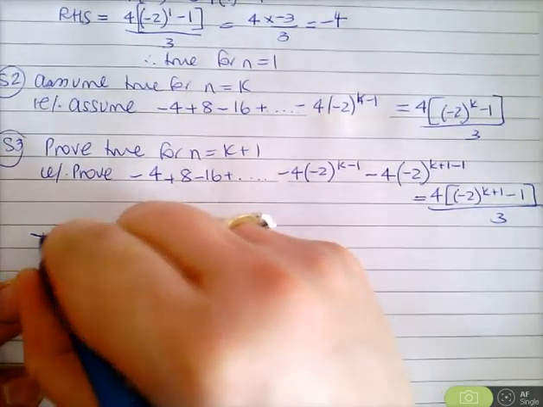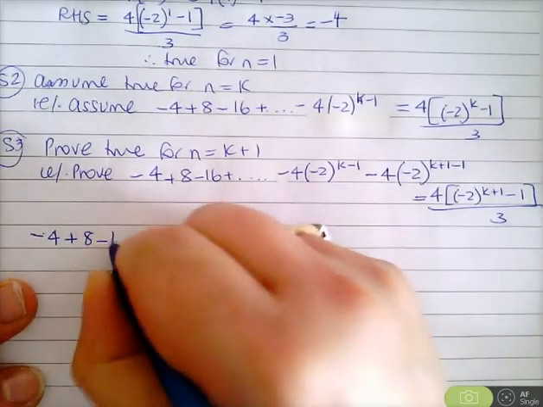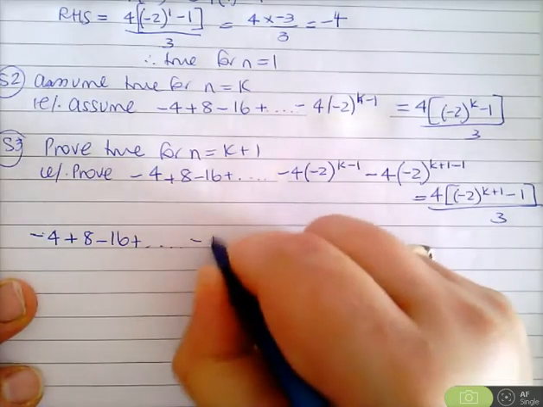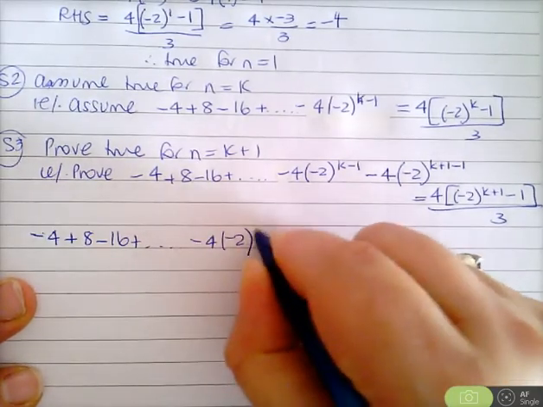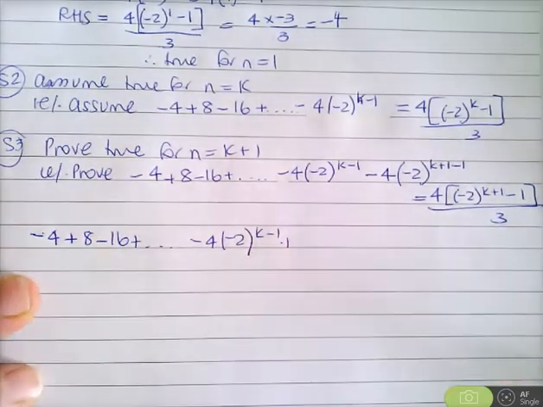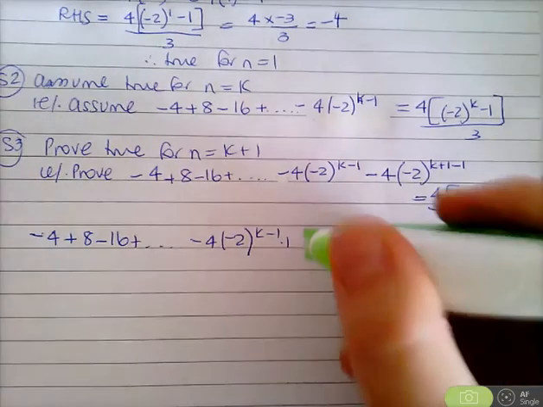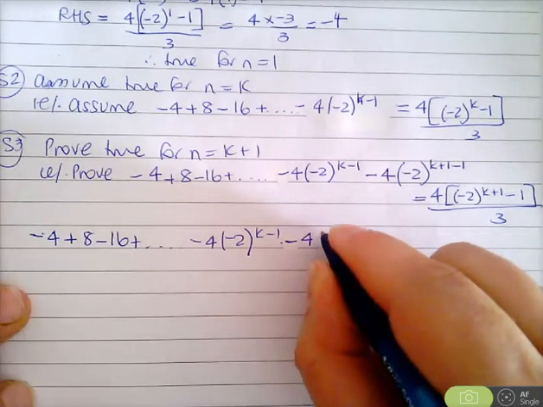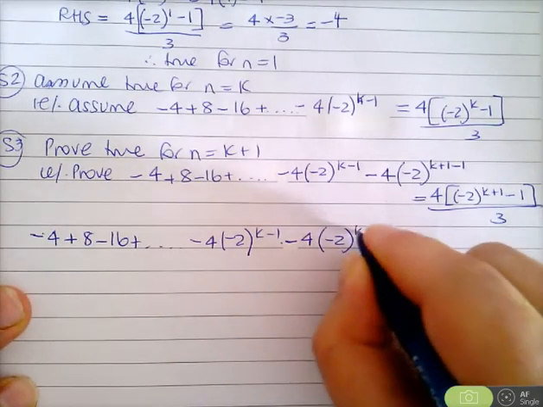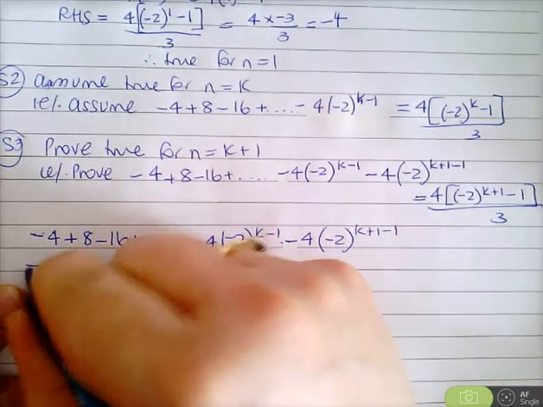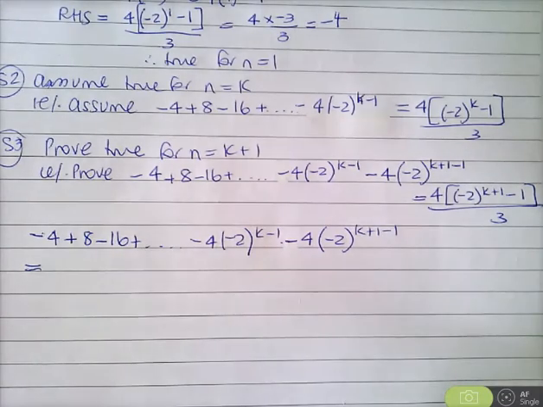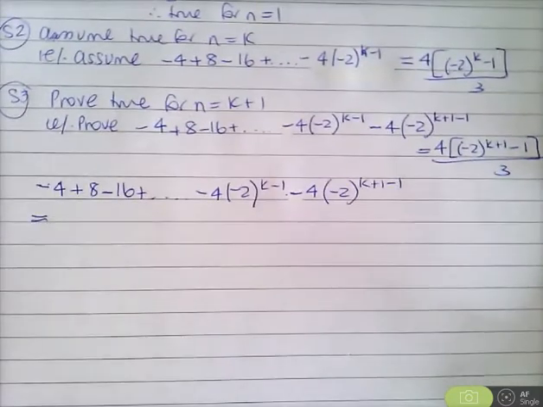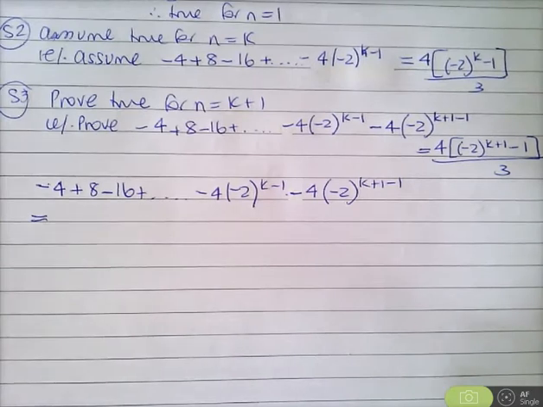So we've got negative 4 plus 8 minus 16 plus negative 4 to the negative times negative 2 to the k minus 1. I really want to write plus, don't I? Minus 4 to the negative 2 to the k plus 1 minus 1 is equal to... What's it equal? What do I replace?